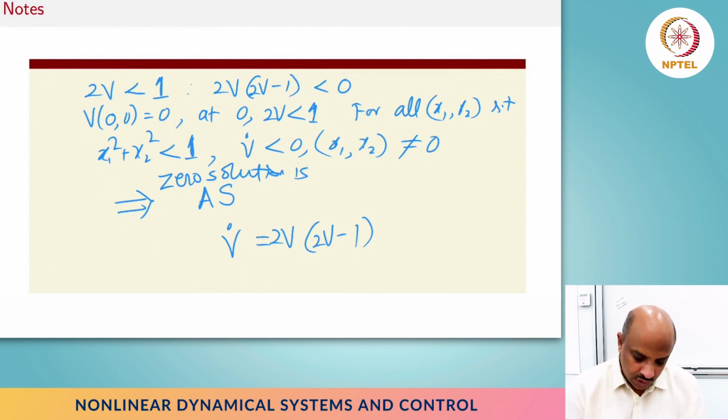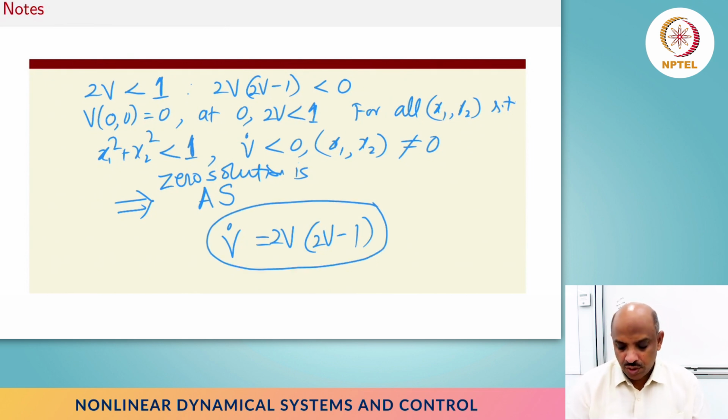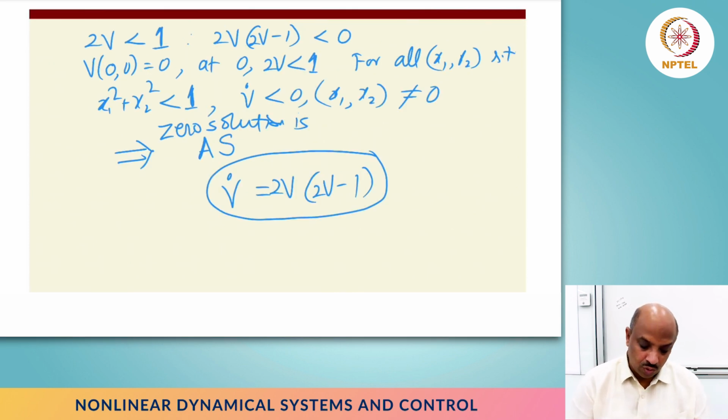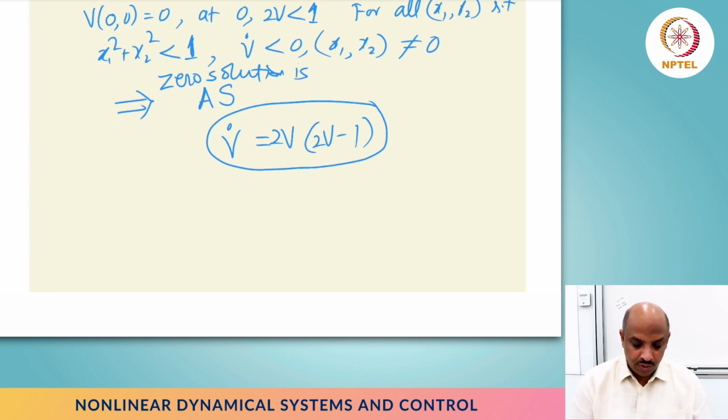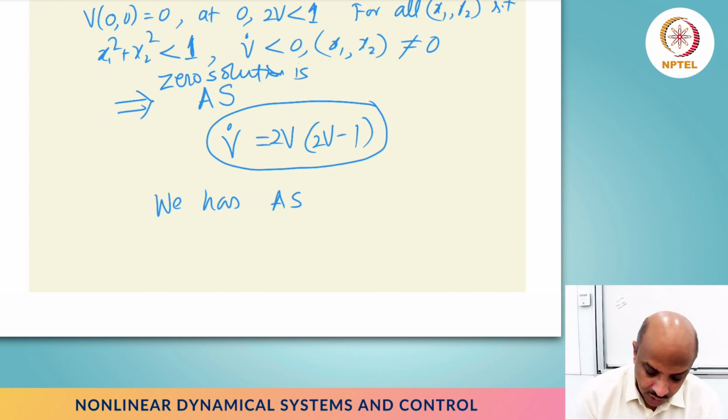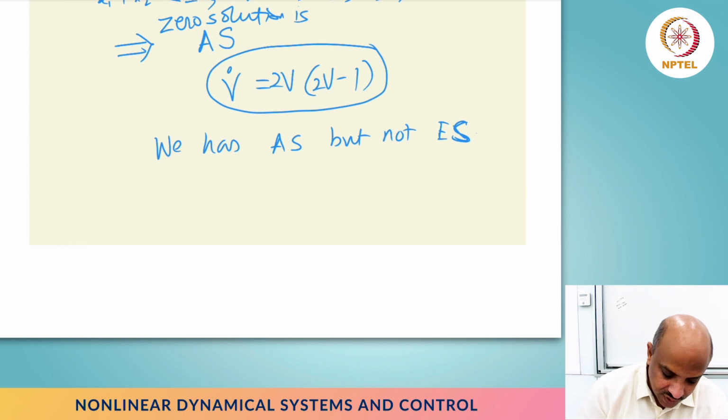So when we get this, we can actually solve this and see that v is not really exponentially decreasing, but in fact we have a finite escape time, and simulations show that indeed the system goes off to infinity in a finite amount of time. So we have asymptotic stability, but not exponential stability for the time being, right? So let's draw a picture and then see what happens.